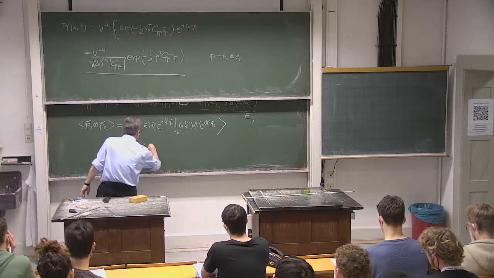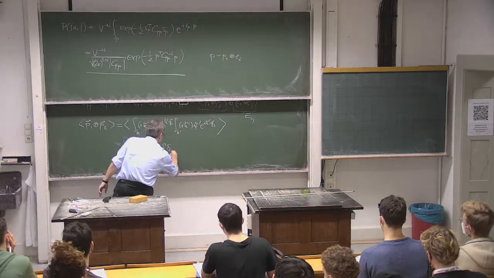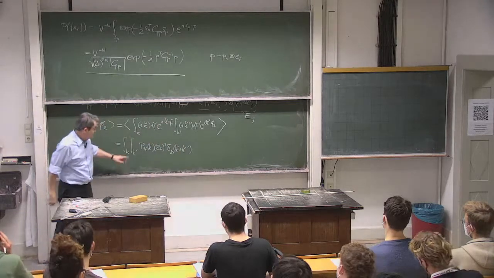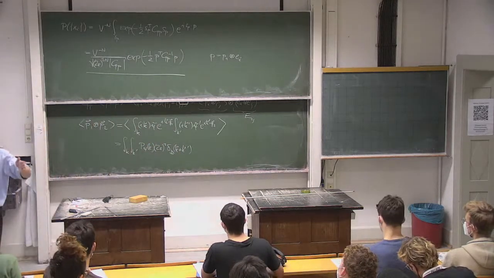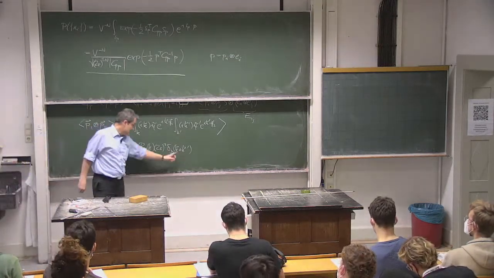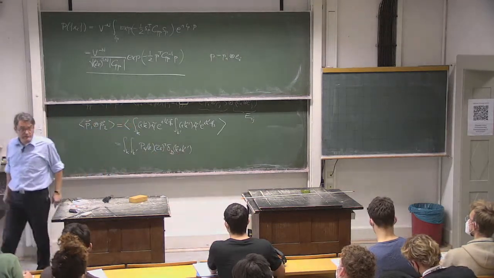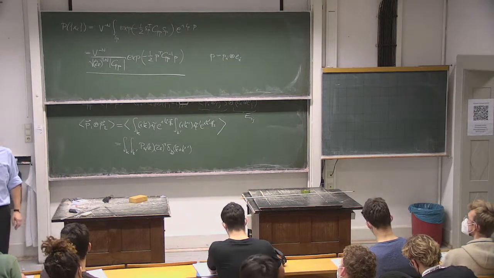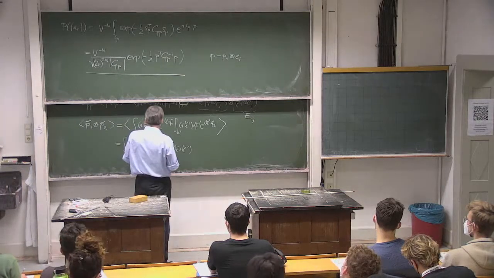Now P psi of k times (2 pi) cubed delta distribution of k plus k prime. This is the average over psi tilde times psi tilde prime. And remember from last time, or time before that, that this delta distribution appears here because we are assuming that we have to do with a homogeneous Gaussian random field. So a Gaussian random field that's translation invariant.